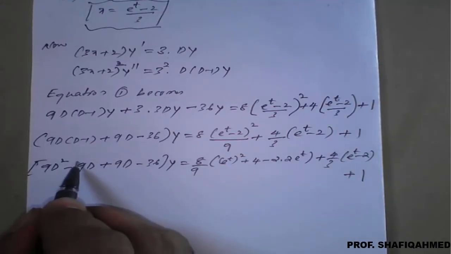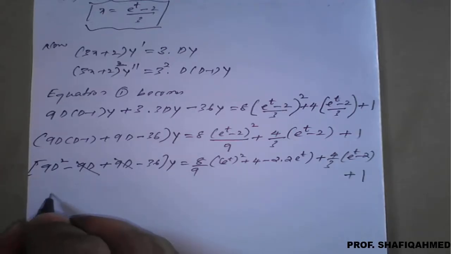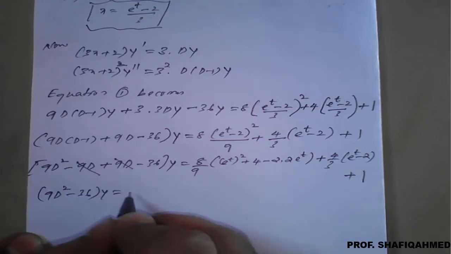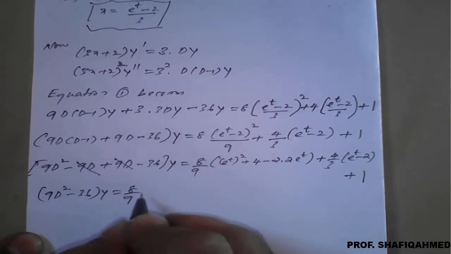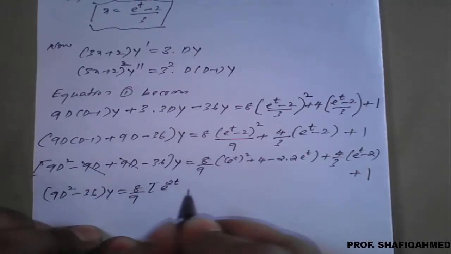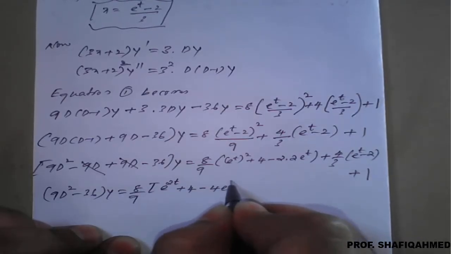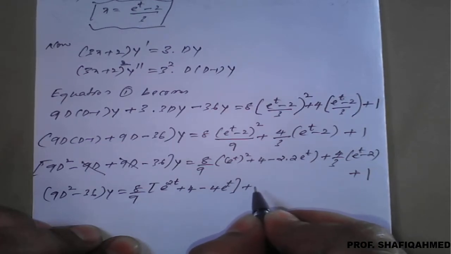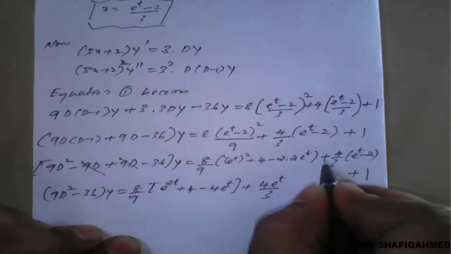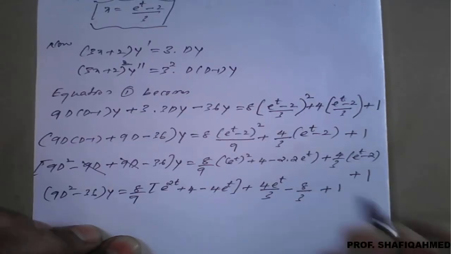So simplify here: −9D and +9D cancel. What is left here? 9D² − 36y is equal to 8 upon 9. Simplify this. (e^t)² can be written as e^(2t), plus 4, minus 2 twos are 4e^t, plus, open the bracket, 4e^t upon 3, plus into minus is minus, 4 twos are 8 upon 3, and the plus 1.